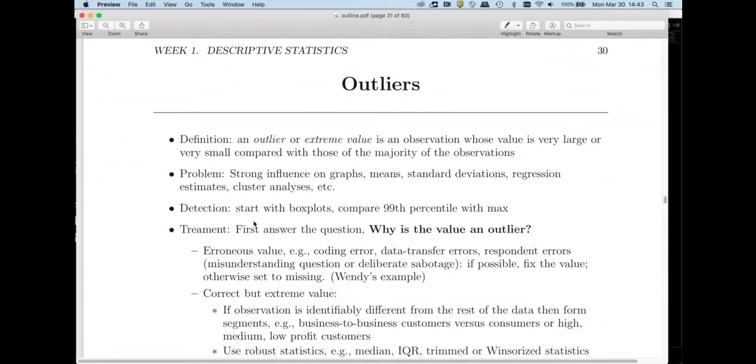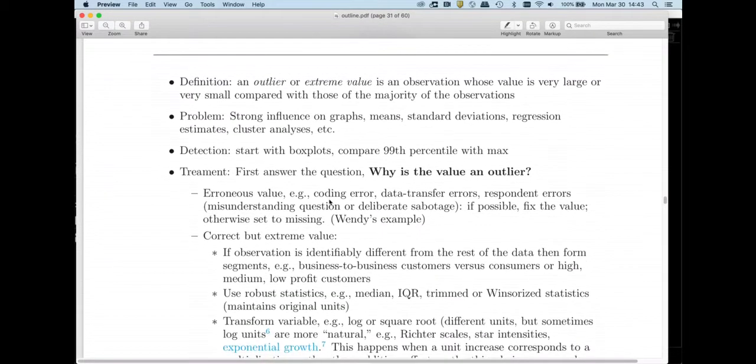All right, what do we do when we have outliers? The answer is you need to first answer this question: why is a value an outlier? And there are really two possible answers to this question. The first answer is the value is a mistake.